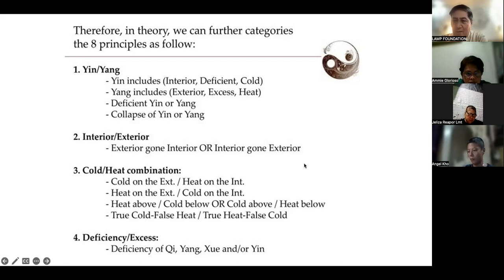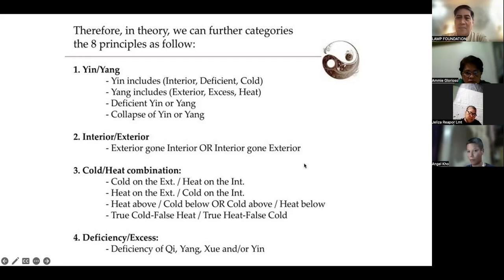Or you can have heat on the exterior pero cold on the interior. So how will you know that? When you look at the tongue is what? Moist, right? Moist, pale, and when you feel the pulses, they're very deep. Okay? Deep and tight. Okay?